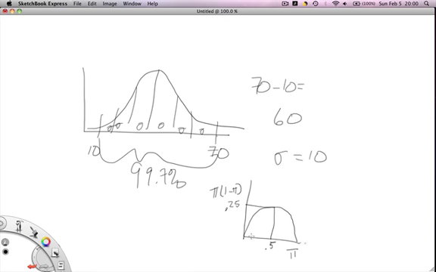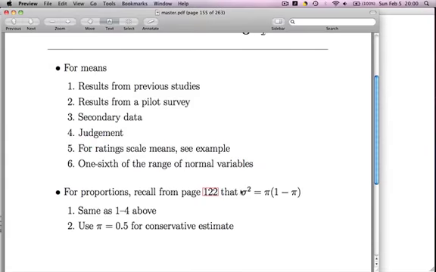Okay, so if the most mixed it can ever be is when it's 50-50, then the population variance is 0.25. So the population variance will never be any worse than 0.25, and that's what this is saying. So, if you know nothing else and you're estimating a proportion, drop in 0.25 as the variance.